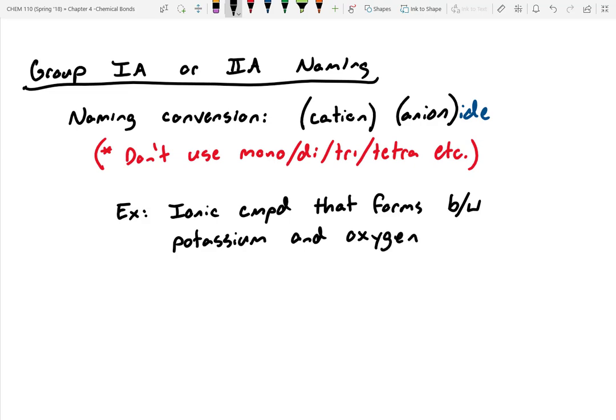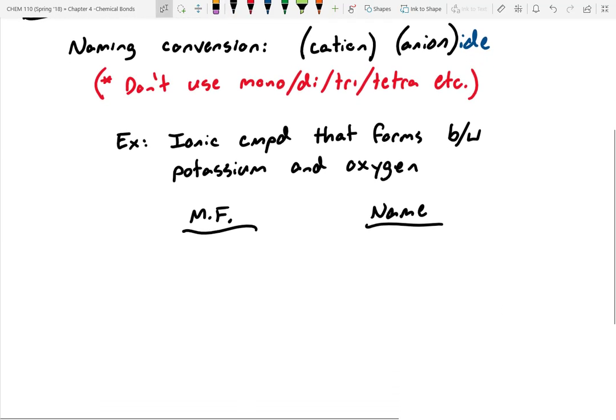And what I want us to do is write out the molecular formula, and I'll just abbreviate that MF, and then we'll do the name on the other side. So let's do a little bit of practice with that.